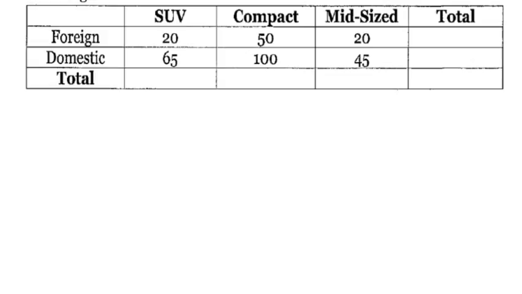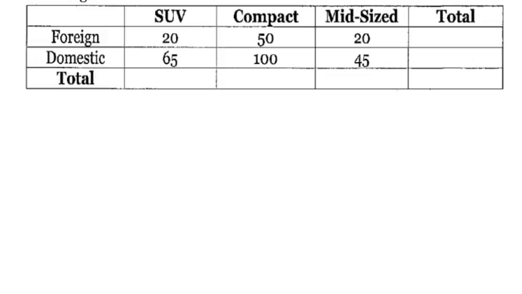So foreign cars are more of your higher end Mercedes, BMW, Volkswagens. Those are usually made by people overseas. And then you have your domestic cars, which are like Fords, Chevys, GMs. Those are the kind of cars that are traditionally made here in the United States.